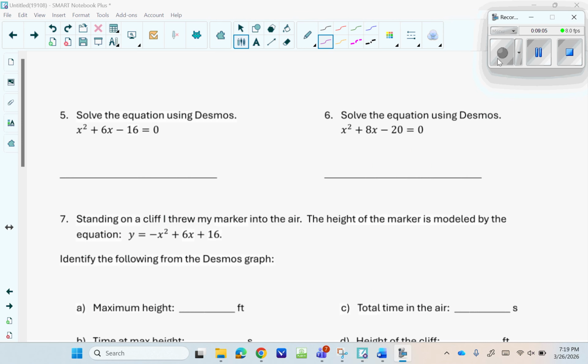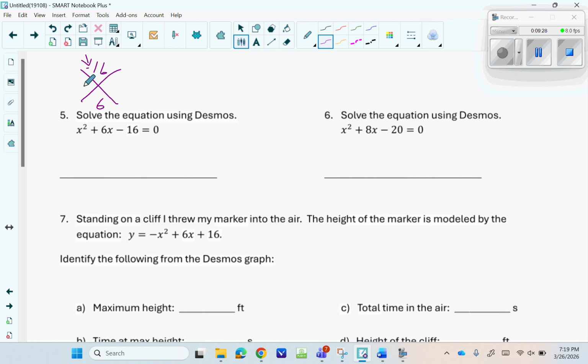Okay, so we are going to go back to what we did last unit. So think about if we were to solve something, we would have to first factor it. And so I have, let's see, -16 and 6. So two factors of 16 that kind of feel like they subtract to give you 6.